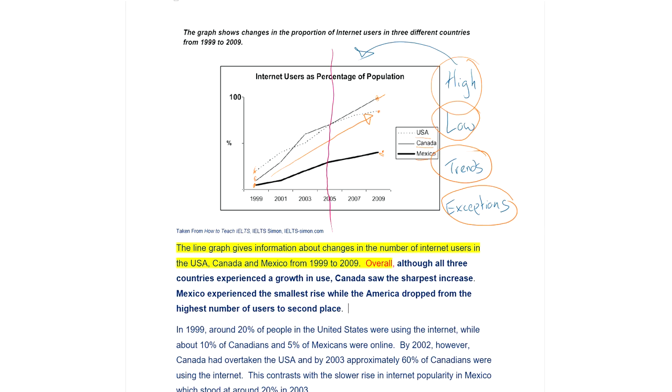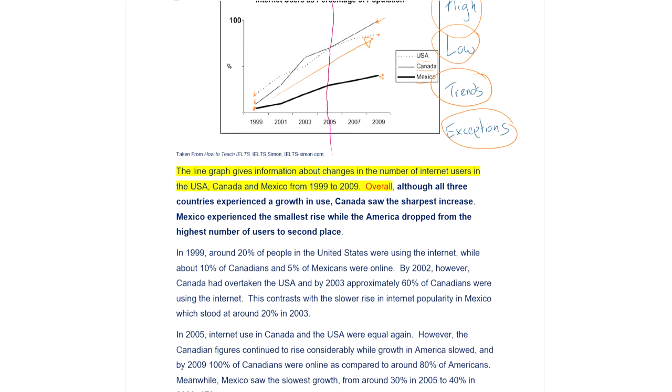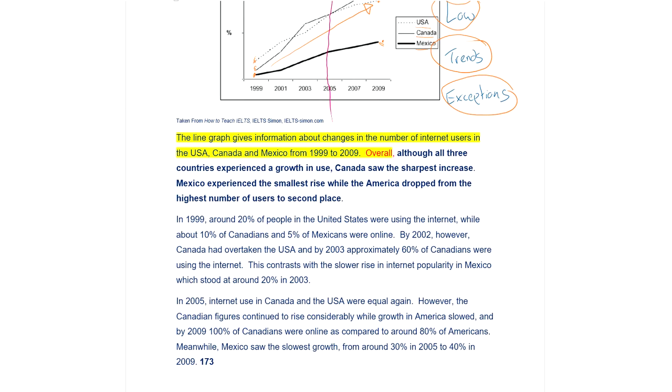And then it's super easy to write. There's 173 words in this essay. That is enough. So the minimum is 150. If you can write about 170, that's fine. You don't need more than that.